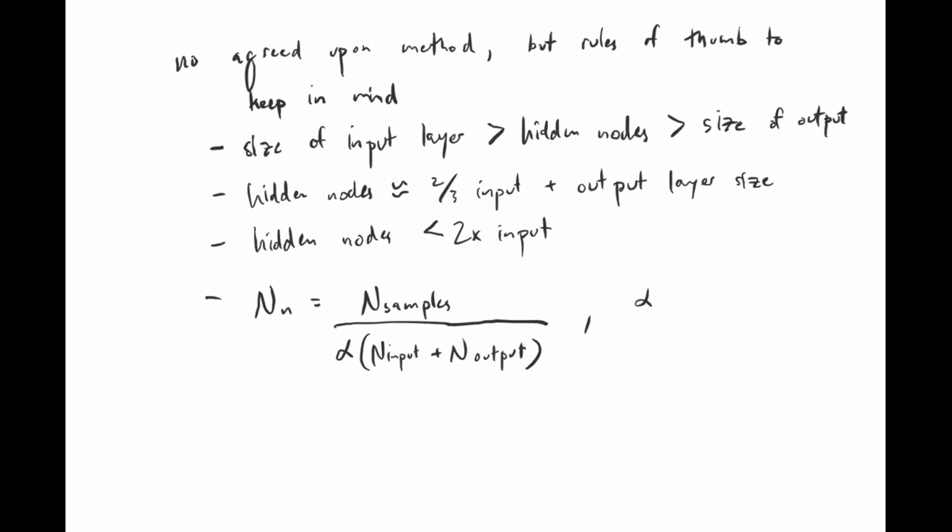Where alpha is somewhere between 2 and 10. Generally, the more nodes that you have, the more prone your model will be to overfitting. So that's one thing to keep in mind.